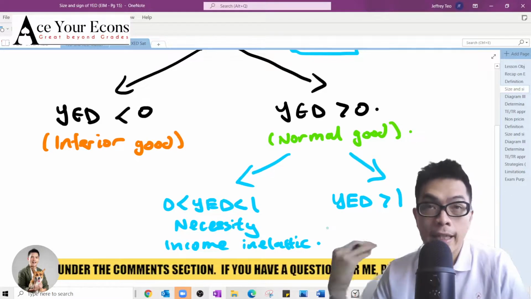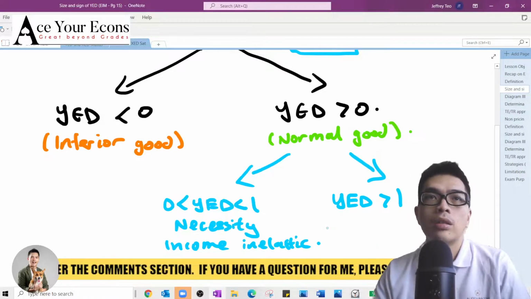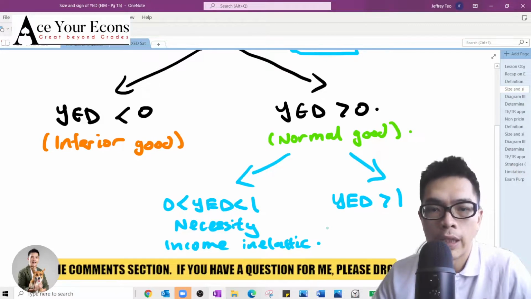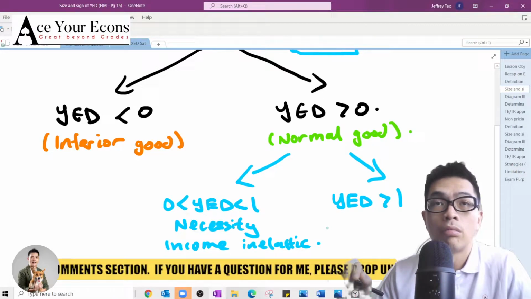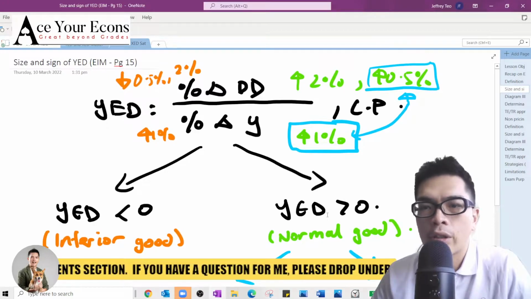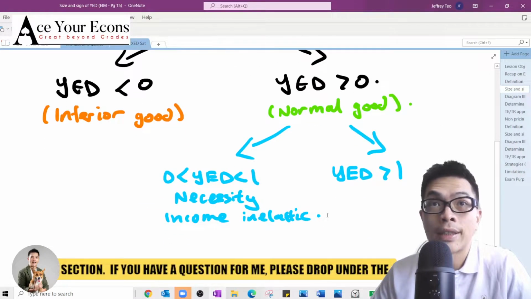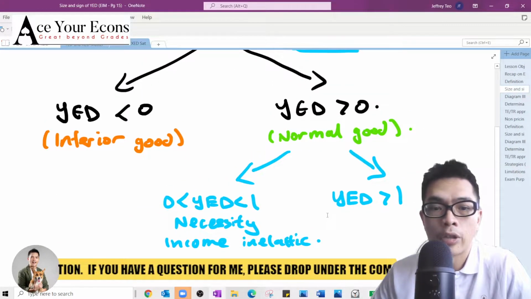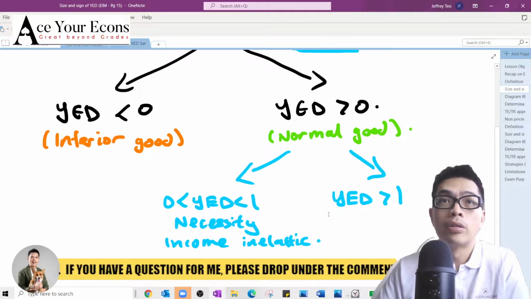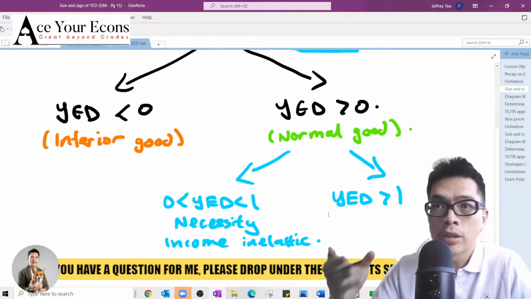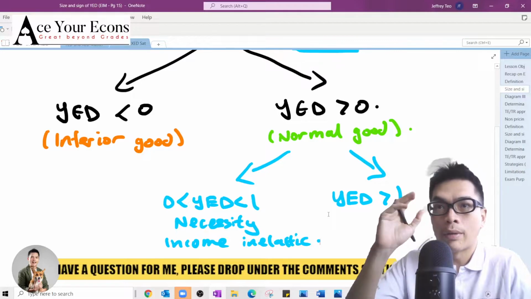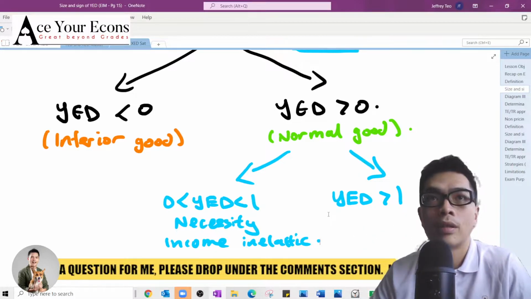Necessity goods means that it does not respond well to income changes. There are certain categories of goods that don't necessarily respond well to income changes, but they're still normal goods. They still go in the same direction. Just now, Jiaming brought up public transport.